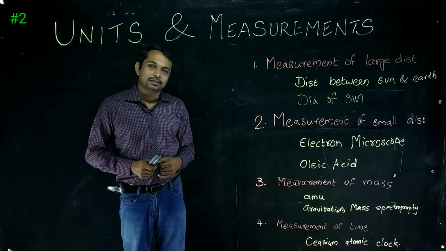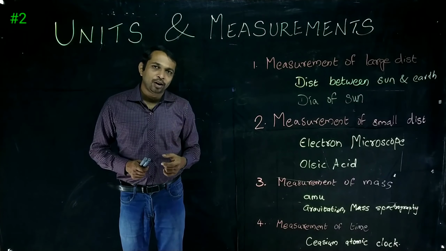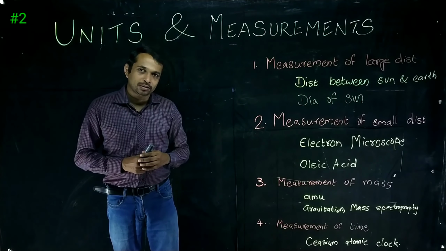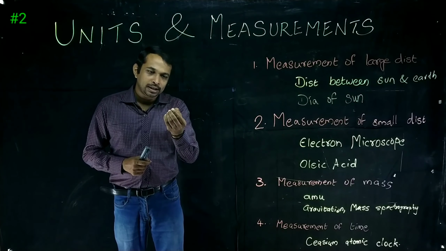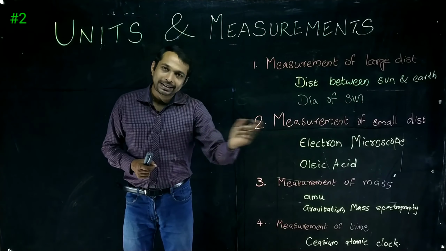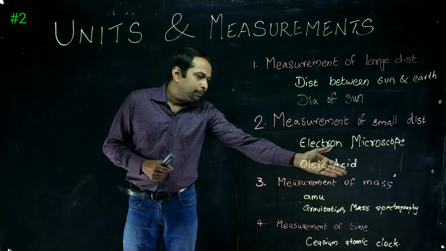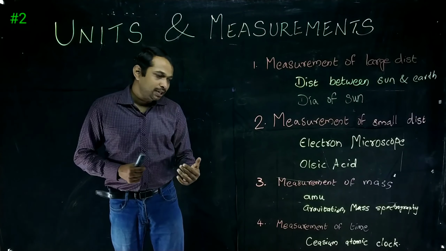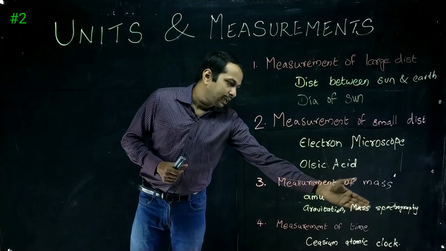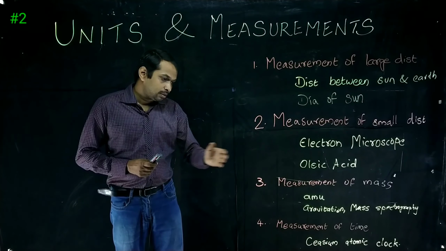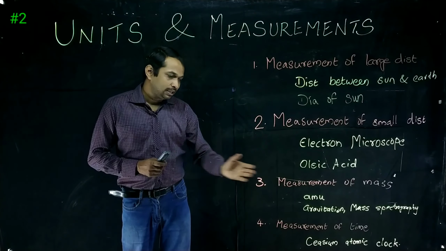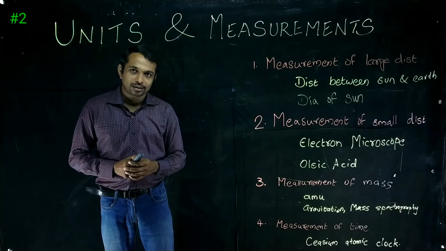Measurement of small distances, why we cannot use the ordinary microscope to view a small atom or a nucleus, why we have to use the electron microscope, and how to find out the thickness of a molecule of oleic acid. Then measurement of mass, what is AMU, we have mentioned what is the use of gravitation and mass spectrography, and last, measurement of time, what is the importance of cesium atomic clock.